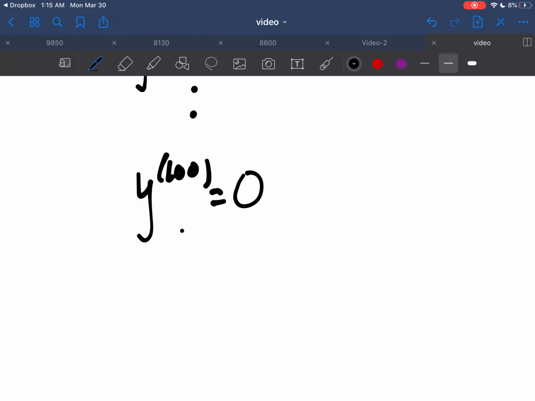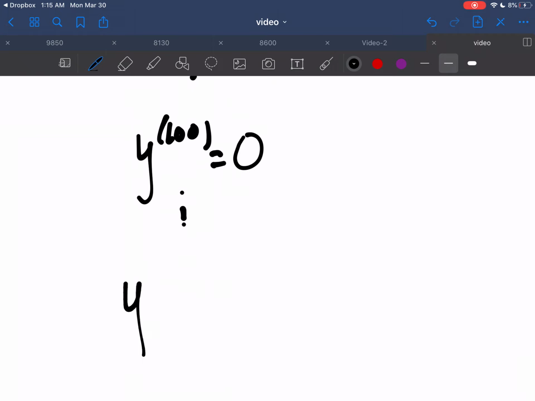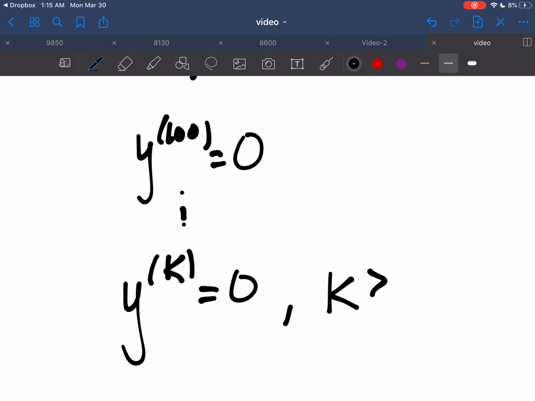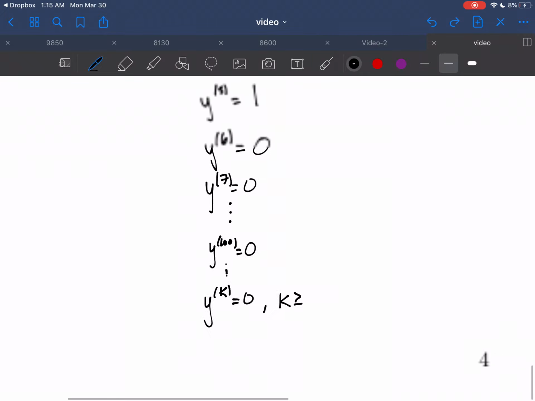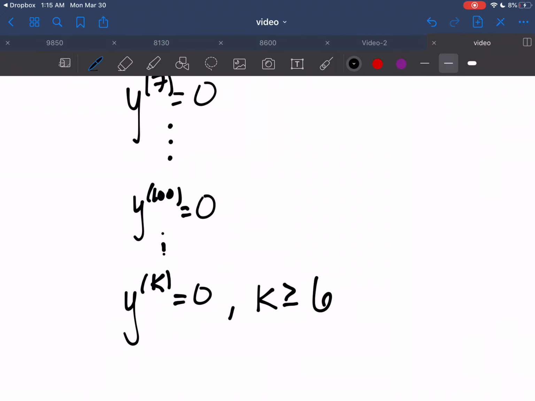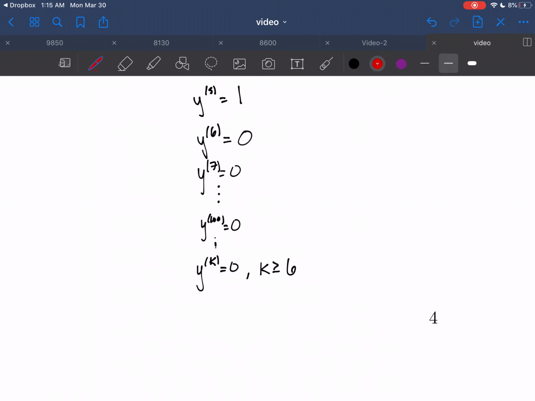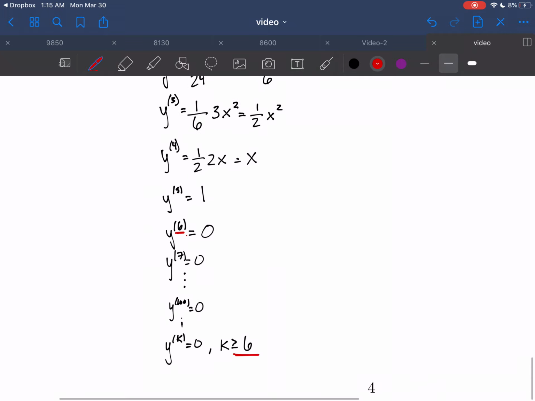So what we do is we'll write y to the k is equal to 0 for k greater than or equal to 6, because 6 is when our derivative first went to 0.